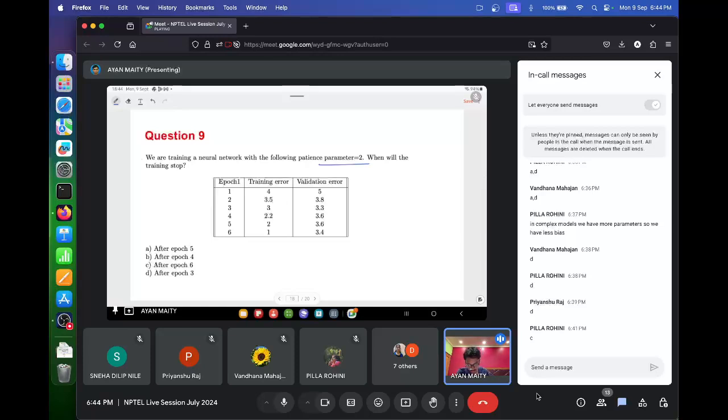We have this training error and validation error data for 6 epochs, and patience parameter is 2. If we use the early stopping regularization mechanism with patience parameter equals 2, then when will the training stop in this case? So options are after epoch 5, epoch 4, epoch 6, epoch 3.